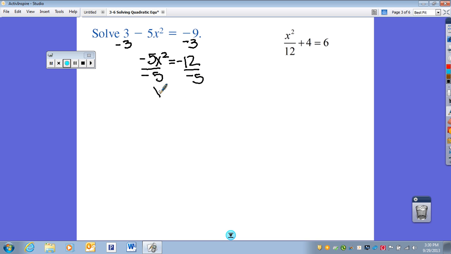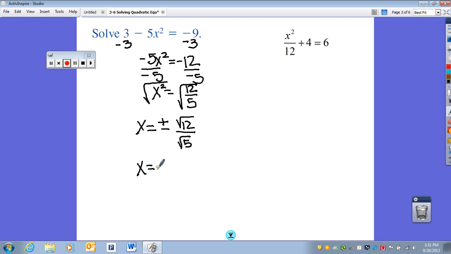So we have x squared is equal to 12 over 5. To simplify, we need to take the square root of both sides. So we have x is equal to plus or minus the square root of 12 over the square root of 5, using our quotient property and knowing we can separate those.